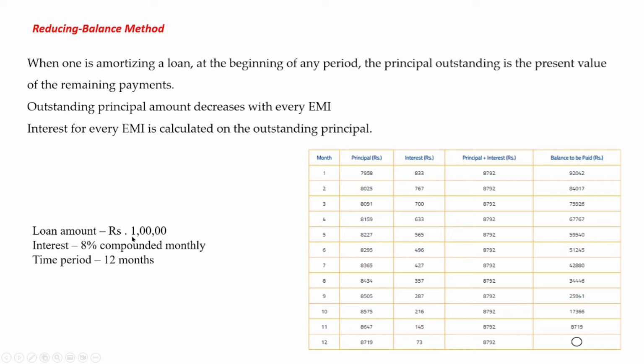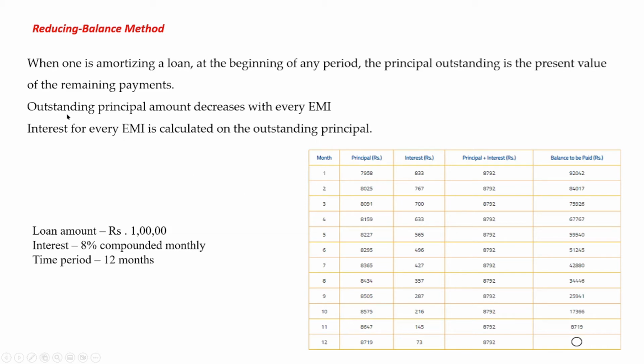Now the principal at the beginning of any period, this 1 lakh, is the present value of these payments. That is the meaning of this line: at the beginning of any period, the principal outstanding is the present value of remaining payments. So this 1 lakh will be the present value of these payments.